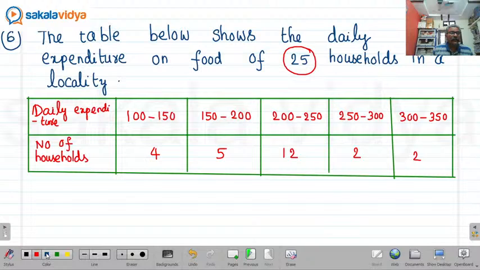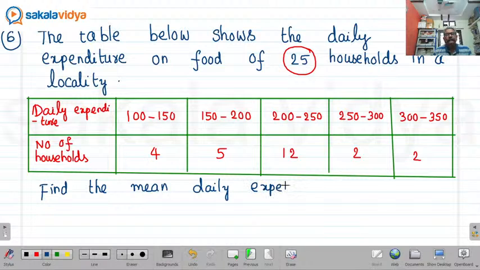So now what we are asked here: find the mean daily expenditure on food by a suitable method.